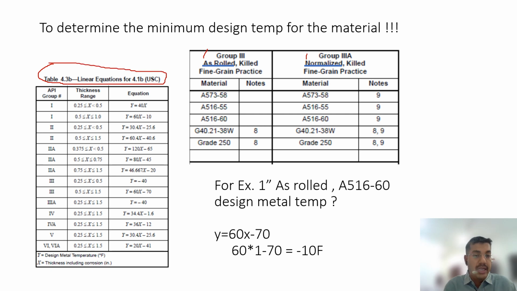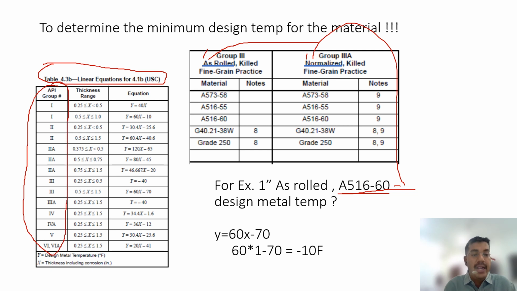This question is a 100% must question in API 653 examinations. When they mention API 516-60, here there is something missing that I forgot to write: they have written normalized or as rolled. Whichever is mentioned, you have to check, and find which API group it comes under.